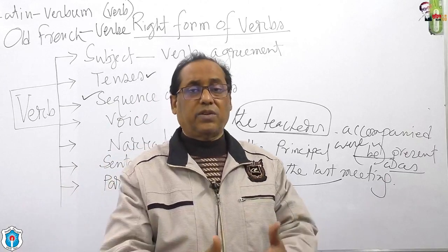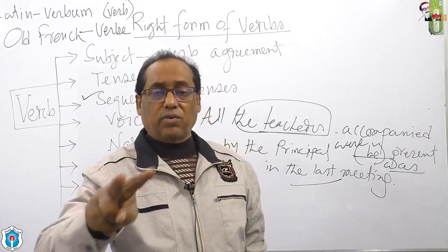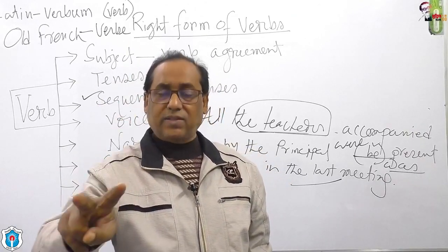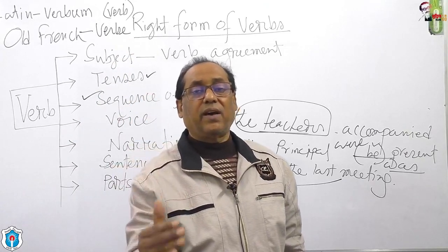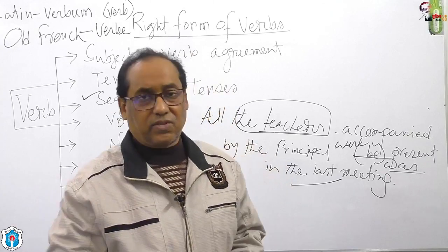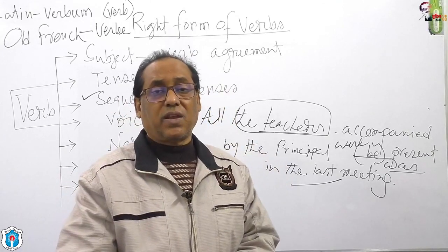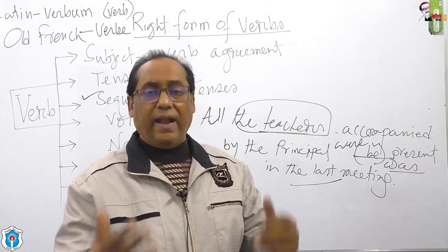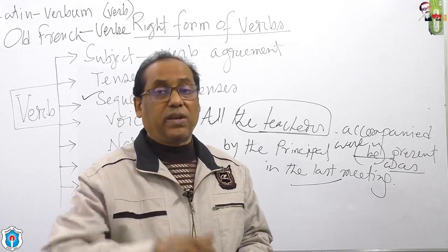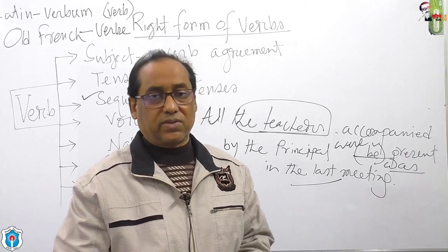And of course, we can find two clauses or more in a compound sentence as well as in a complex sentence. So sequence of tense is related to complex sentence and compound sentence, not simple sentence.